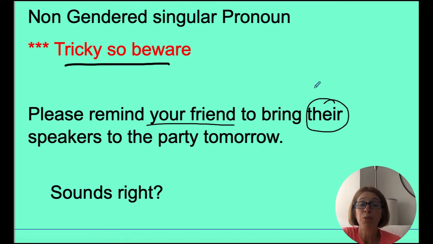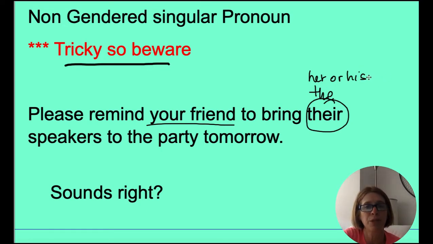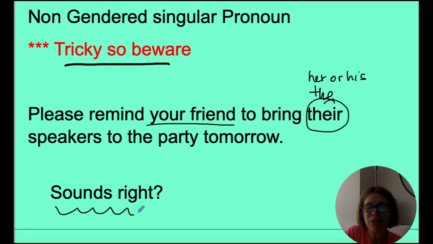We could say the speakers, we could get rid of a pronoun, or we could say her or his speakers to the party tomorrow. So you have to be really, really careful. And remember, we've talked about this if you've been watching my videos: if you say, oh, it just doesn't sound right, you are going to mess up this test, because that is what they want you to do, okay?